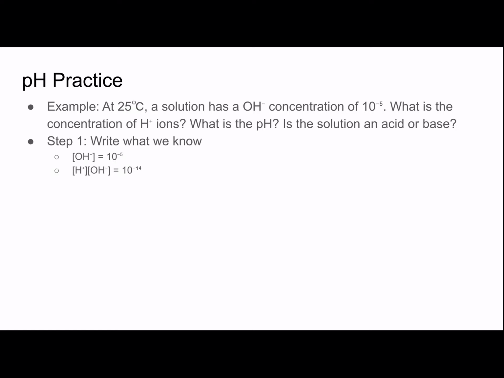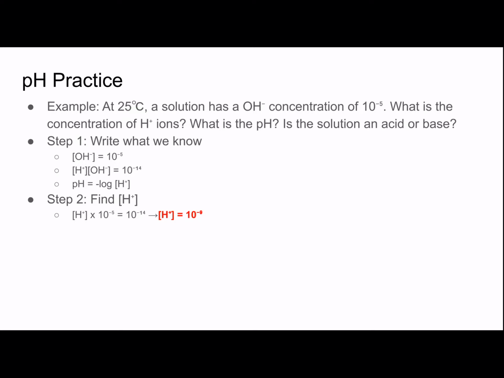We know that our little formula for solutions at 25 degrees Celsius is that the concentration of hydrogen ions times the concentration of hydroxide ions is equal to 10 to the negative 14th. And we know that to find the pH of something, we do negative log of the hydrogen ion concentration. So let's do step 2, which is finding the concentration of hydrogen ions.